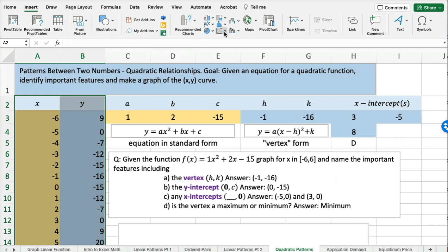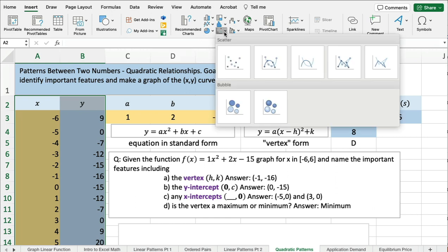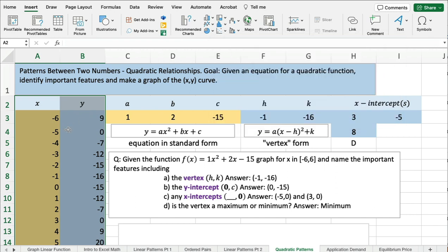So go up here to your scatter plot, and this time I want you to make a smooth line and markers graph, because we want to actually see the dots for the points and we want to see the shape of the quadratic function. So scatter with smooth lines and markers is what we're going to do.